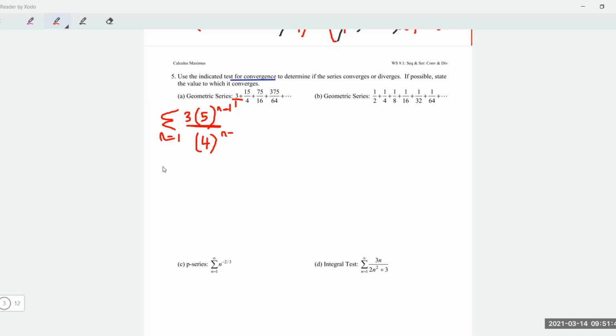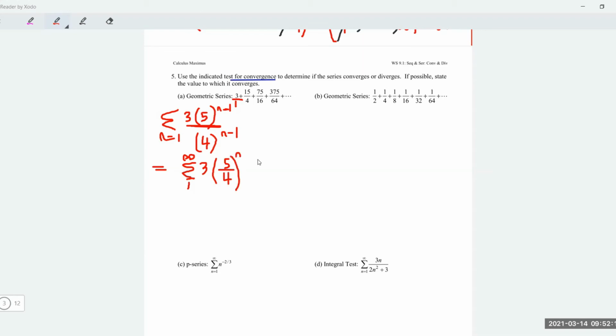To write it better, this is just the sum from 1 to infinity of 3 times 5 over 4, all to the n minus 1.